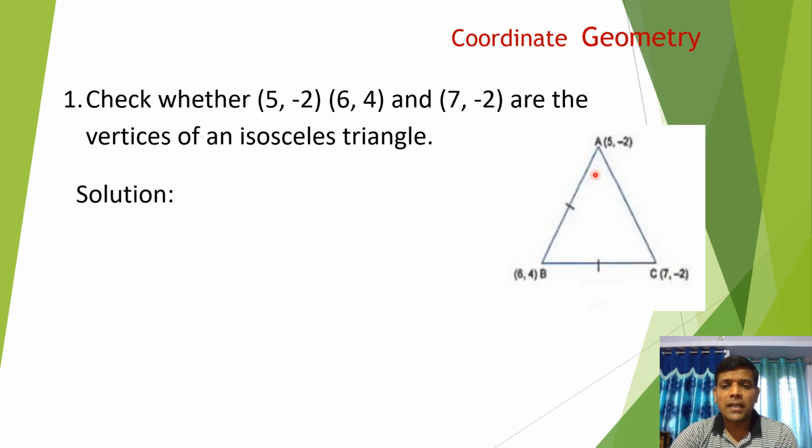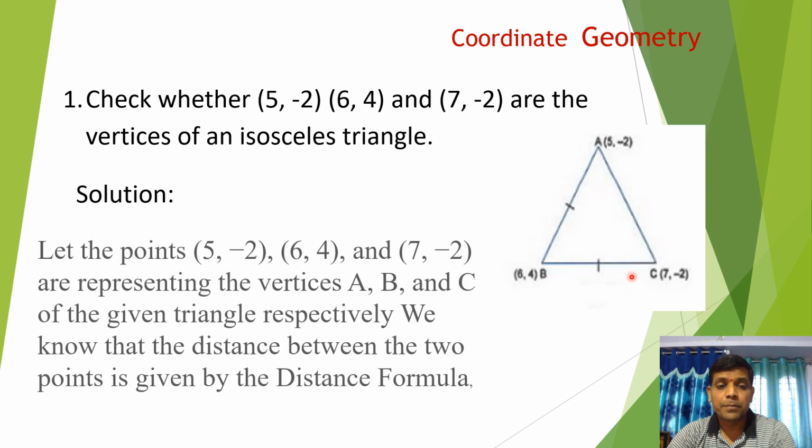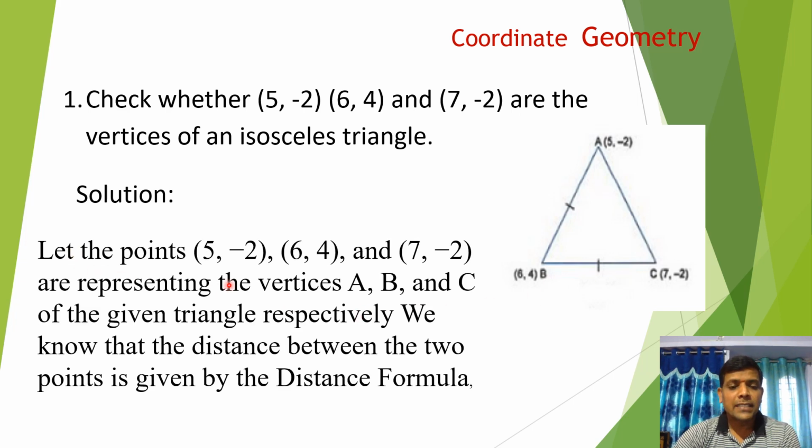Draw a triangle and locate vertex A, vertex B and vertex C. Here A is (5, -2), B is (6, 4) and C is (7, -2). Now next step, let the points (5, -2), (6, 4) and (7, -2) represent the vertices A, B and C of the given triangle respectively.